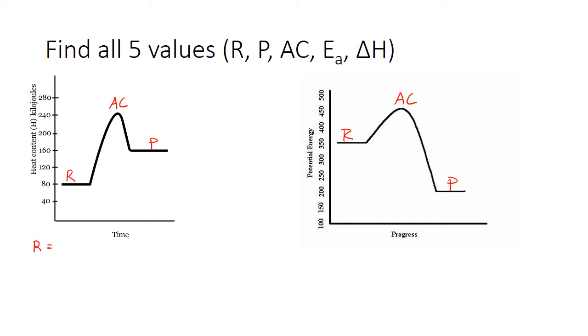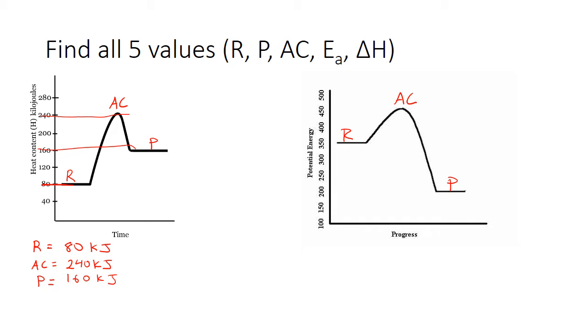In this case, we would say R is 80 kilojoules, because that's where R is. We have the AC at 240 kilojoules going across there, and P right there across at 160.